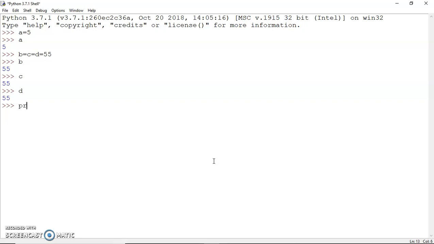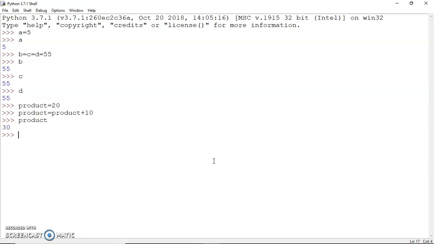Now let us suppose I've got a variable product with the value as 20. If I need to write that the new value of product is equal to the old value plus 10, so now if I see the value of product, it is obviously 30.